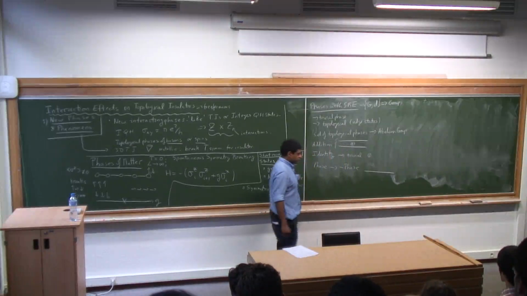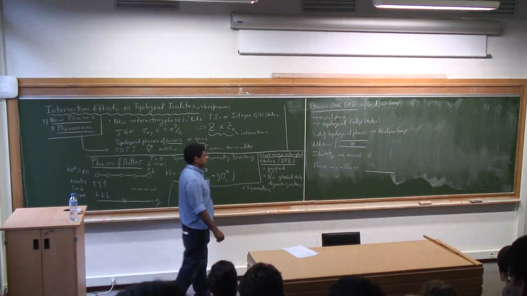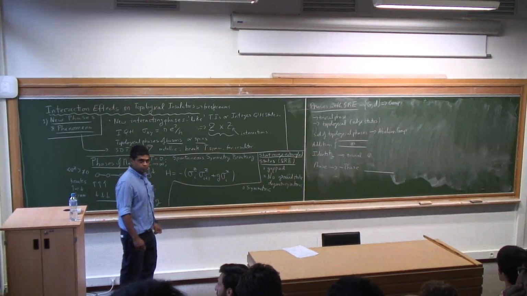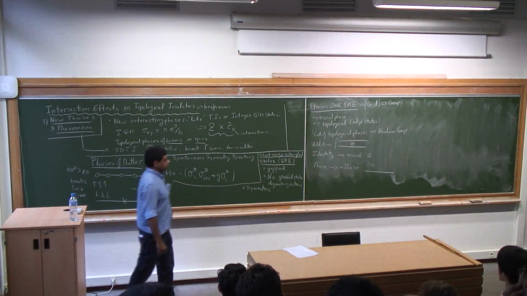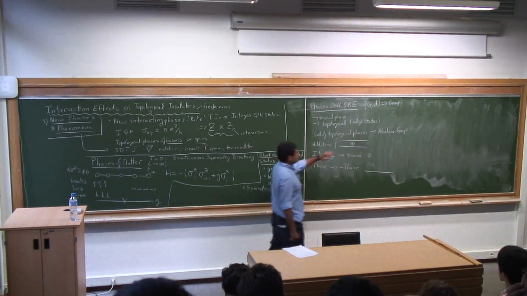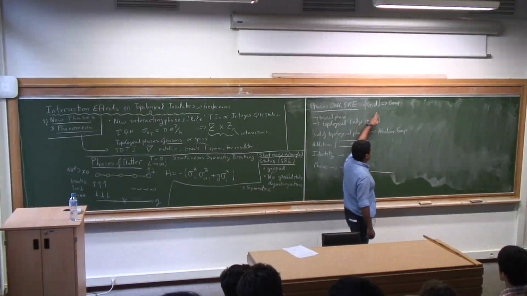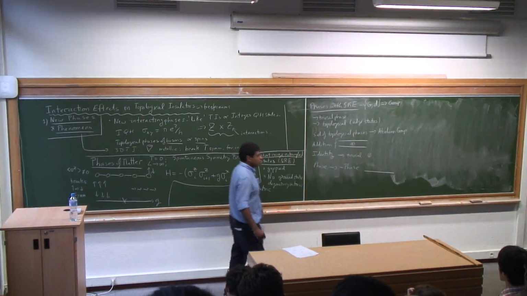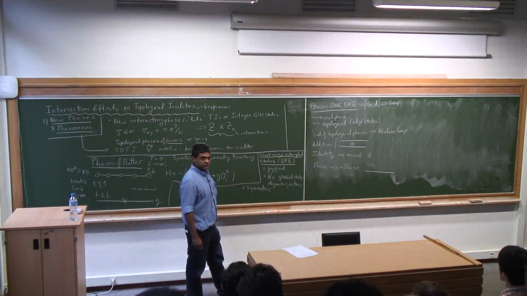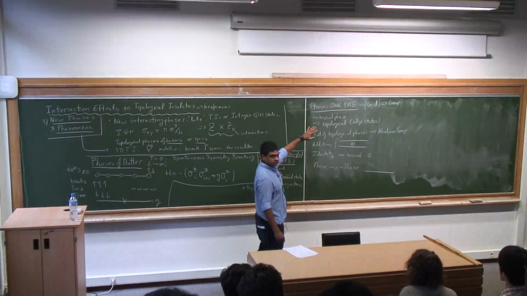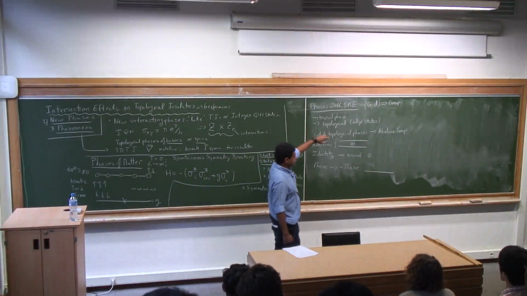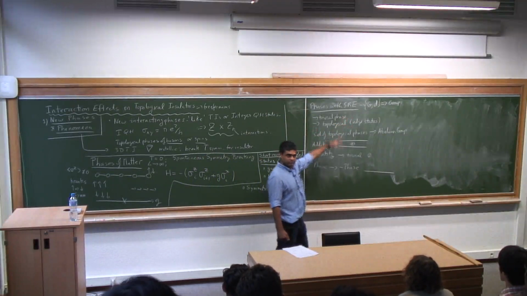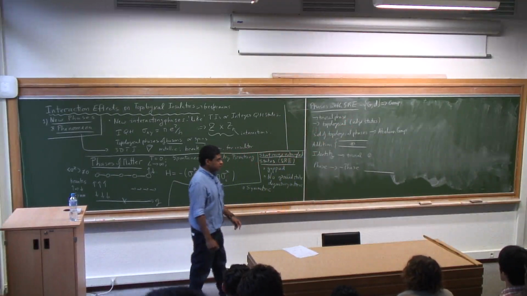For example, if you restrict your attention to one-dimensional phases of bosons, then this group is the cohomology group of G, with D equal to 1, which turns out just to be the projective representations of G. I think Frank Pollmann will talk about that in more detail.